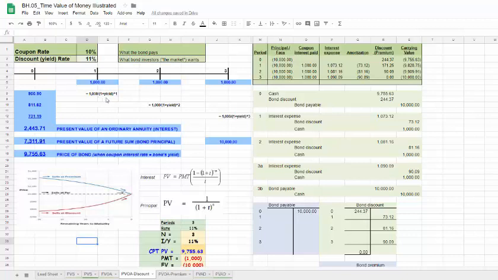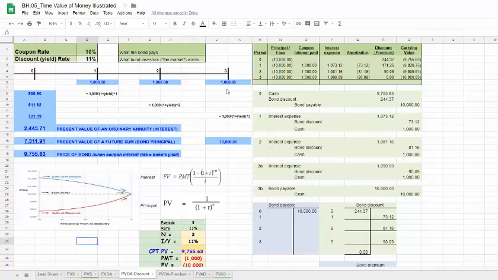1,000 divided by 1 plus the yield rate, which is 11%. So 1,000 divided by 1.11 taken to the first power yields $900.90. The second $1,000 would be divided by 1.11 squared. That results in $811.62.